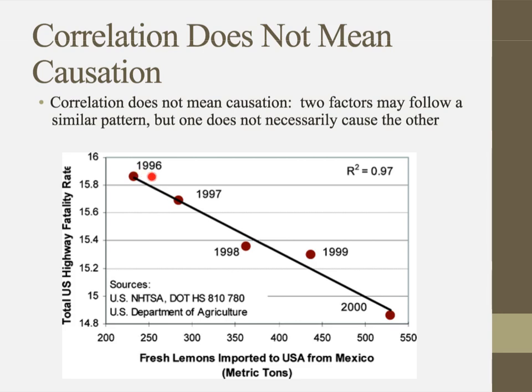Here I can see a very tight correlation, a very strong relationship where they follow the same patterns, between the number of fresh lemons imported and highway fatalities. They may follow the same pattern, but that does not mean that importing more lemons causes a lower highway fatality rate. It does not mean that one causes the other.